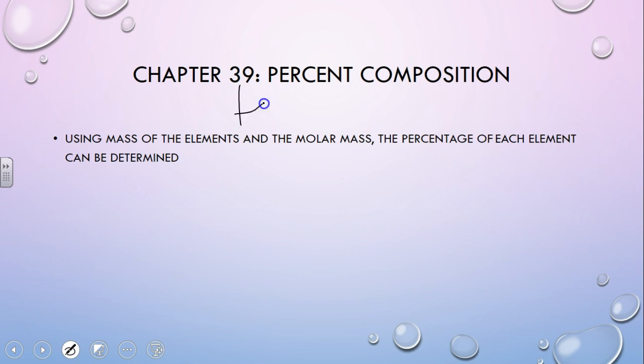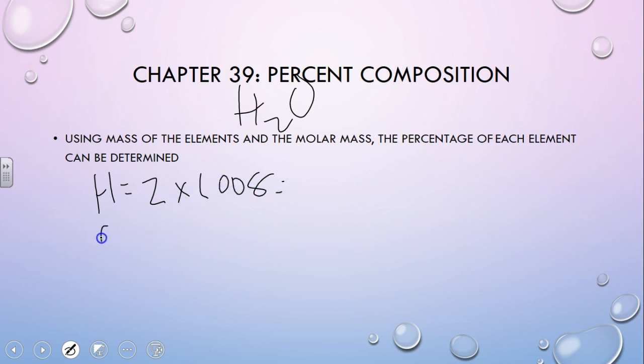Let's take water. We haven't dealt with water much lately. So there's H2O. How many hydrogens are there? There's 2 times 1.008, and then oxygen is 1 times 16. Again, this number is from the formula, and this number is from the periodic table.